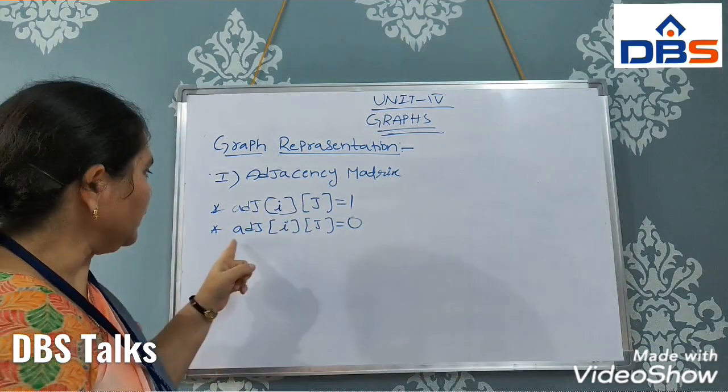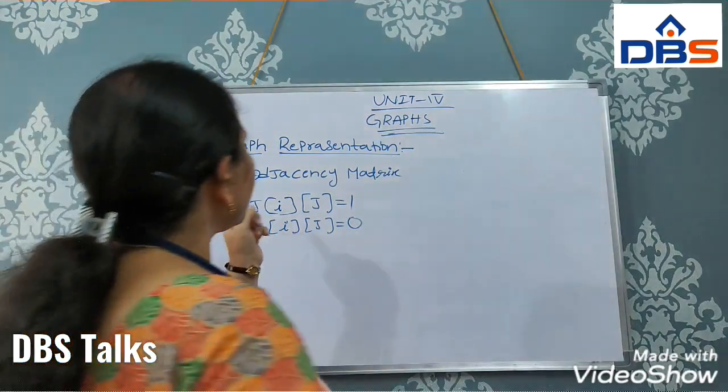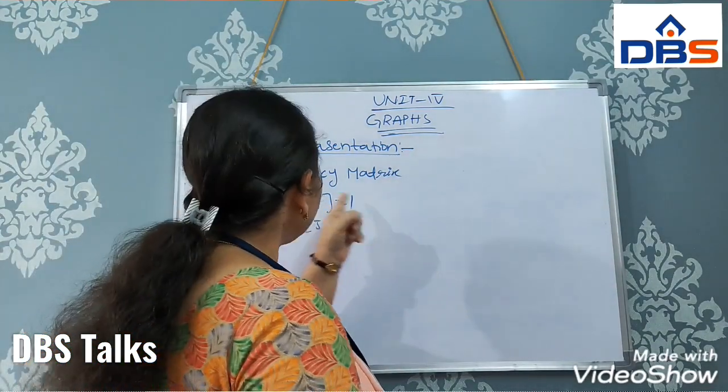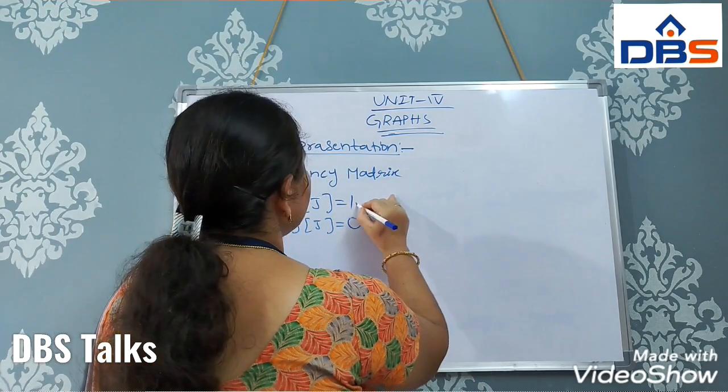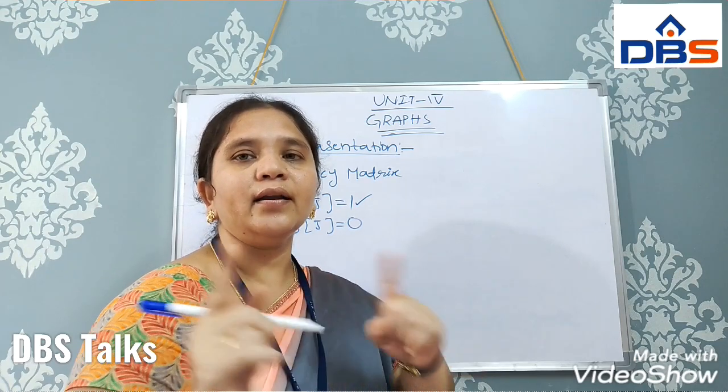ADJ of i j equal to 1 indicates there is a connection, that is, an edge or link between i and j.